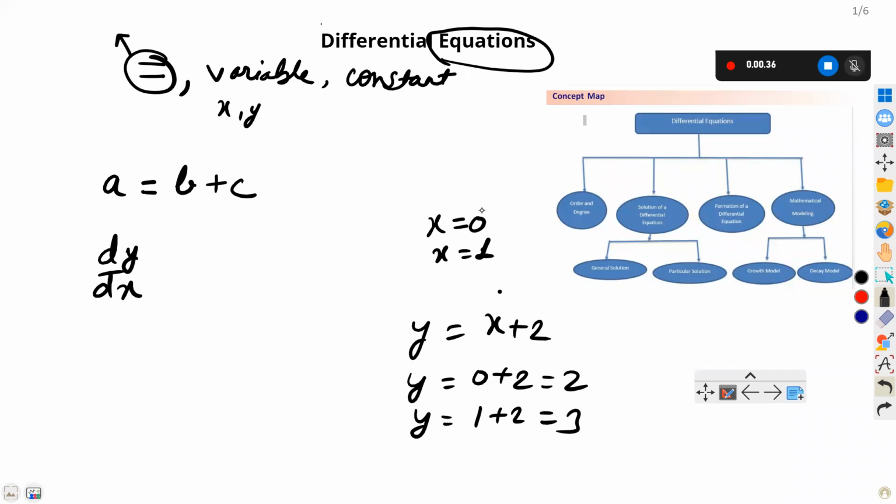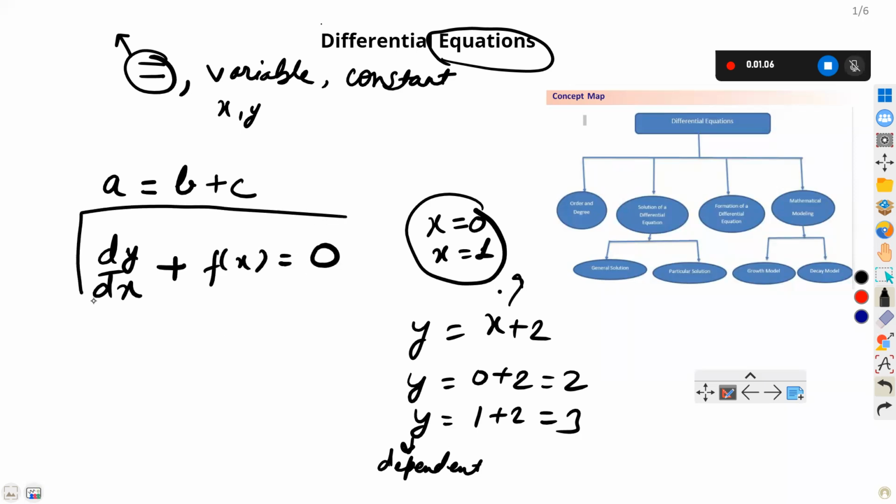So as we change the value of x, the value of y also changes. So we can say that the value of y depends upon the value of x. Hence, y is the dependent variable and x is the independent variable. So in a differential equation, we have something like a derivative and a function.